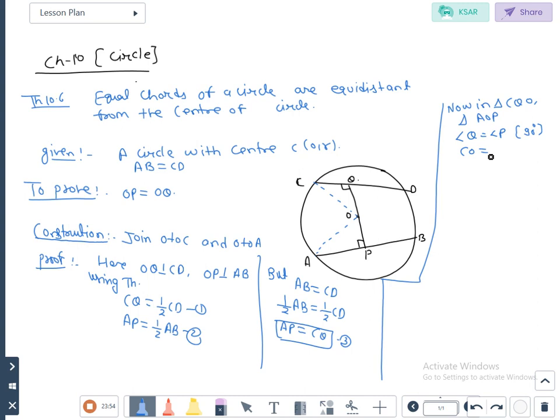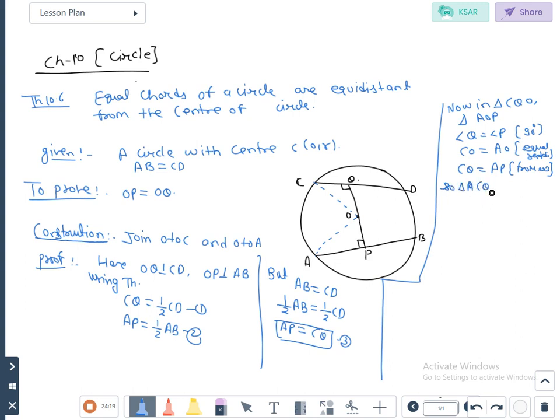Second is CO is equal to AO, equal radii. Third is that CQ is equal to AP from equation number 3.